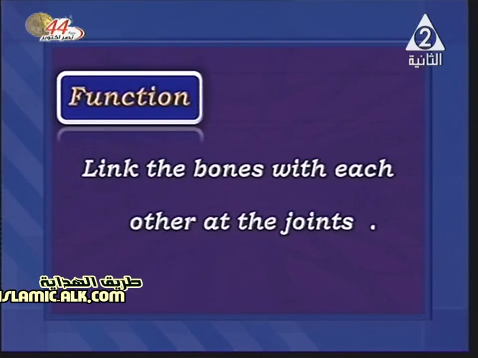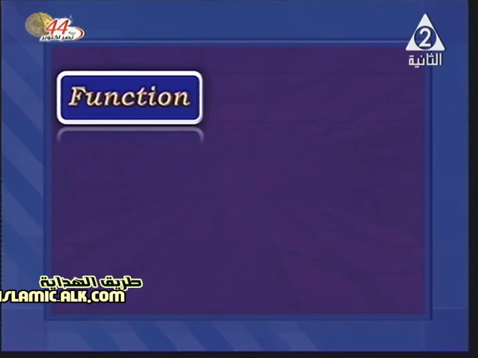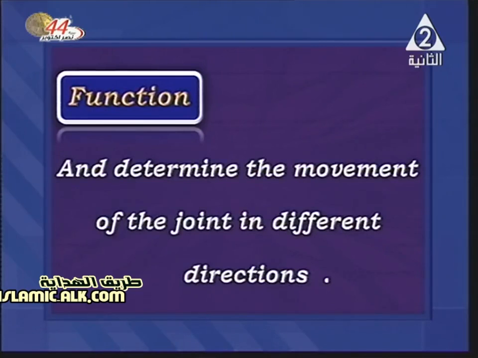They link the bones with each other at the joint, because as we said, when two bones meet each other, the side of linking is going to be very weak, and we need to support it with extra functions. So the ligaments link the bones with each other at the joints, and also determine the movement of the joint in different directions.